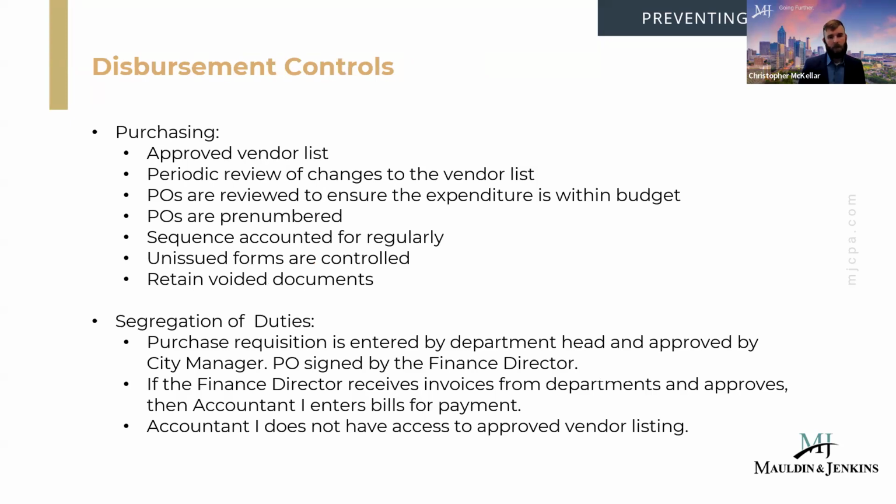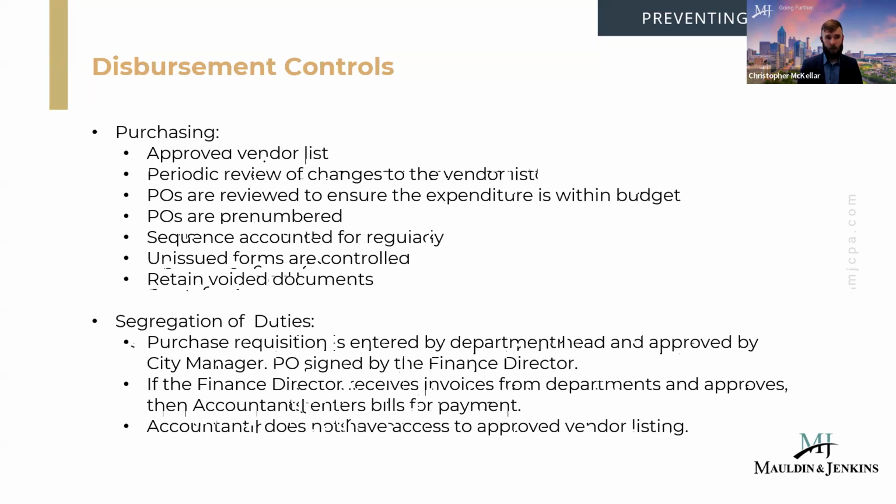So first is disbursement controls. Here's some typical purchasing controls: having an approved vendor list, periodic review of changes to the vendor list, POs that are reviewed to ensure that the expenditures are within budget.